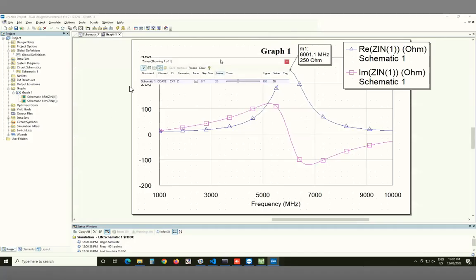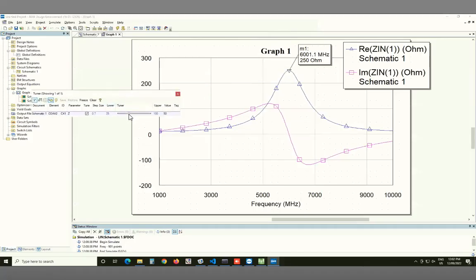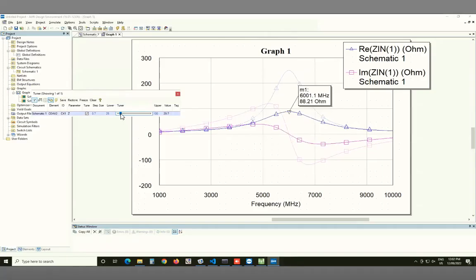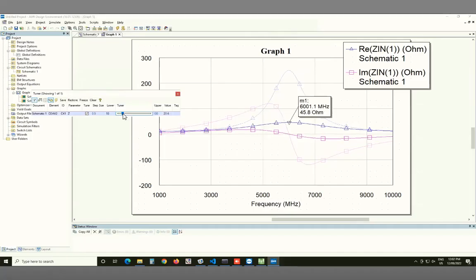I'm going to have to decrease this. That's close now.